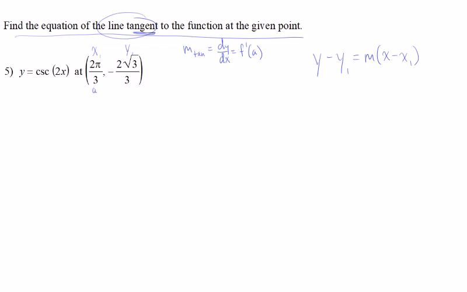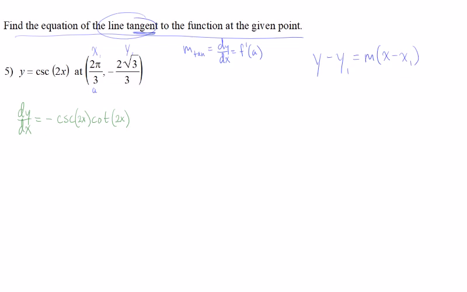All right, sorry about that alarm. The derivative of cosecant is negative cosecant cotangent, but I'm going to put the 2x back inside, because we don't change the inner function when we take the derivative of the outer function.